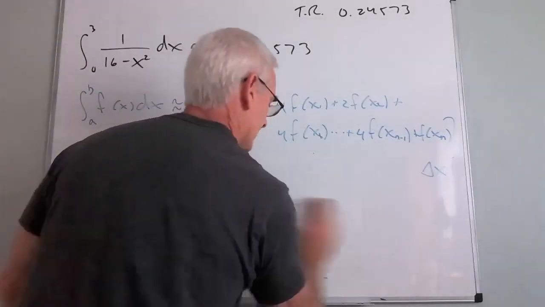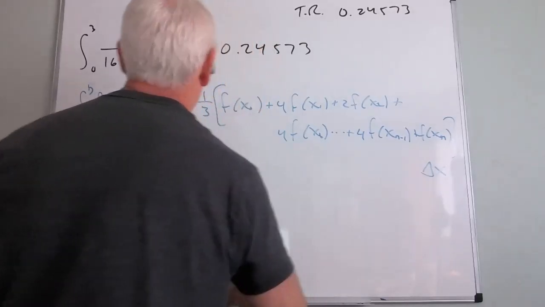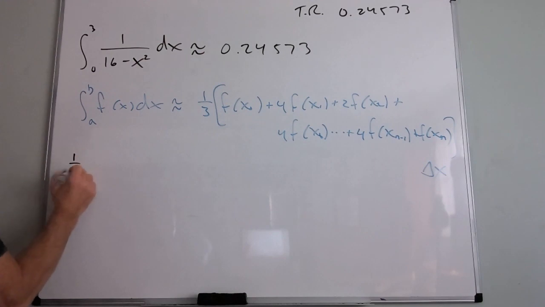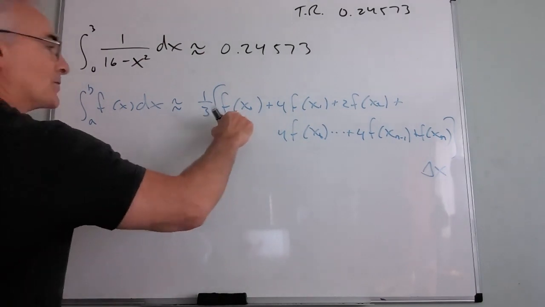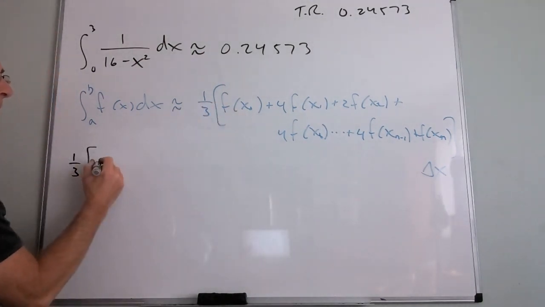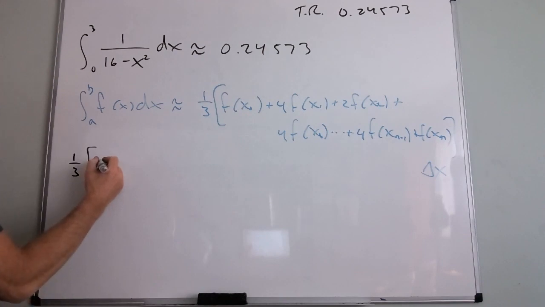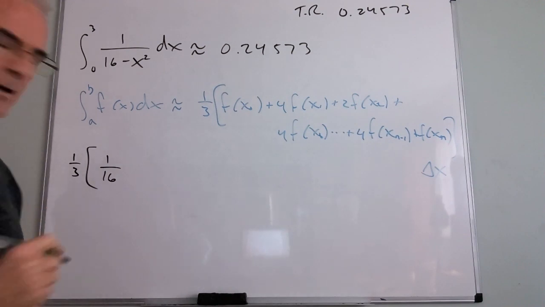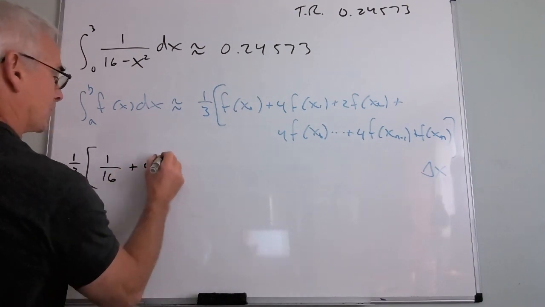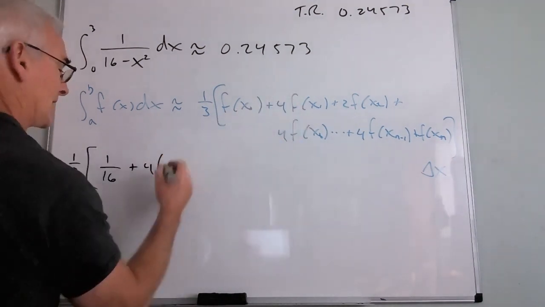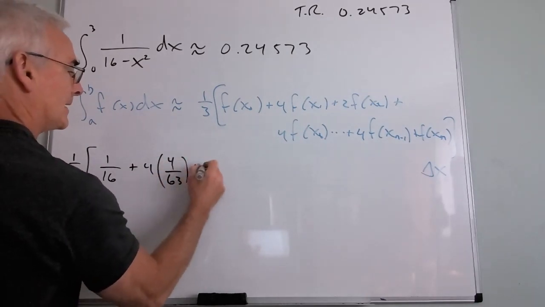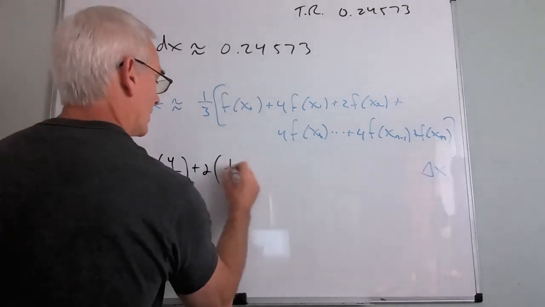Okay, so you're going to help me out here because I've erased everything. So we're going to have 1/3. Now, what was our f of x 0? I know that was 1/16, was it? Yeah, it's 1/16. Okay. 4 times, then what was that one? 4/63. And then 1/15.